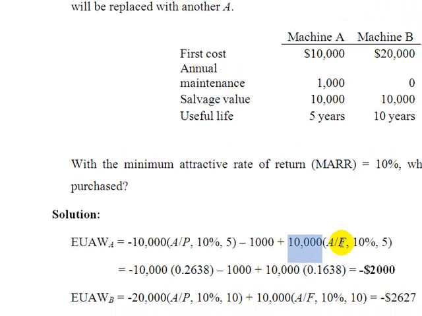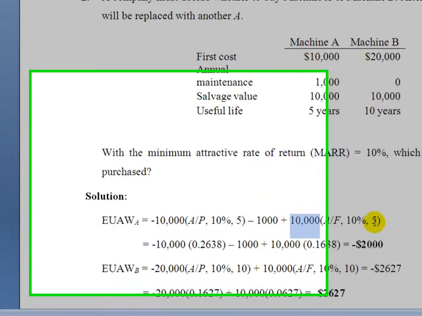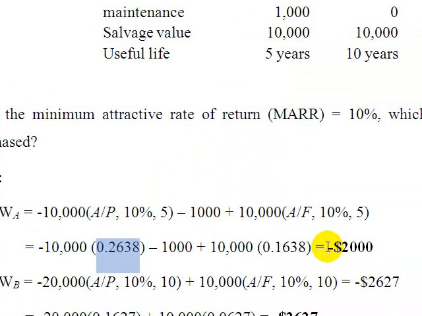So we need to convert it into an A value. So A given F, 10% and 5. We use the compound interest tables to get these values, and we solve this. The answer here we get is minus $2,000.